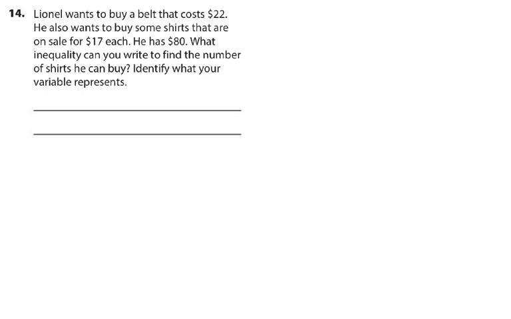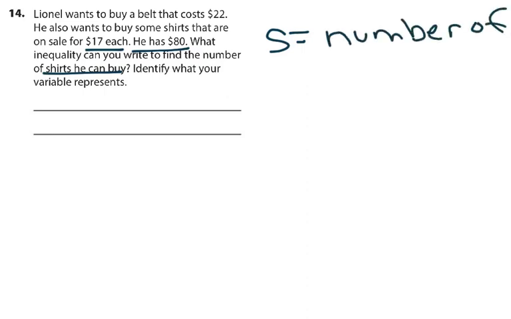It says Lionel wants to buy a belt that costs $22. He also wants to buy some shirts that are on sale for $17 each. He has $80. What inequality can you write to find the number of shirts he can buy? So we know that they're $17 each, but we can represent the number of shirts he can buy with S equals the number of shirts Lionel can buy.